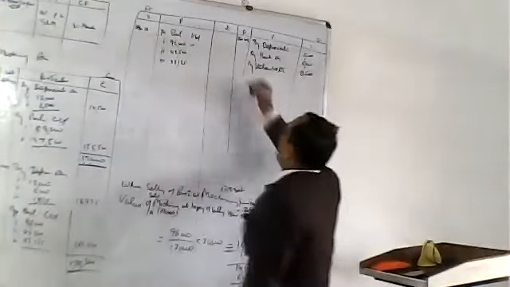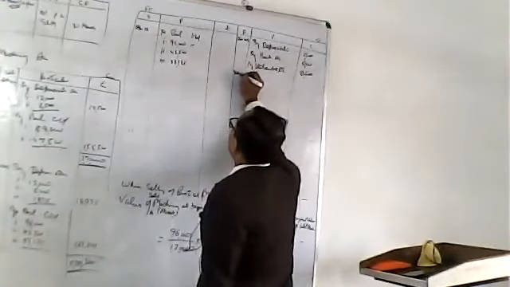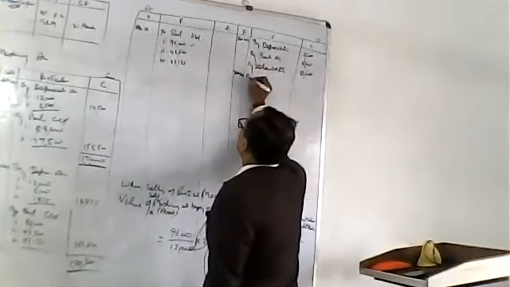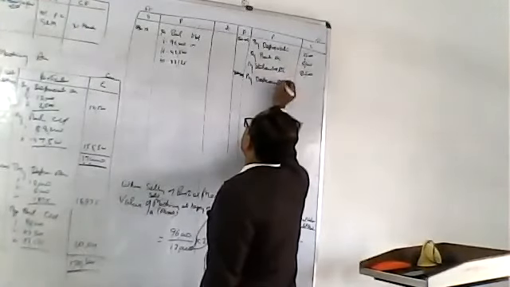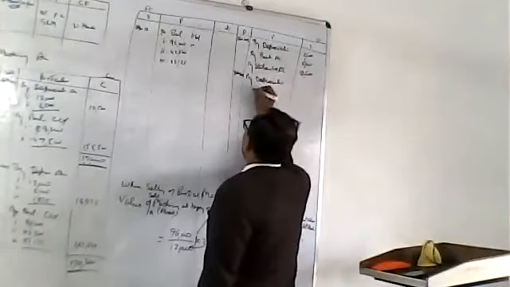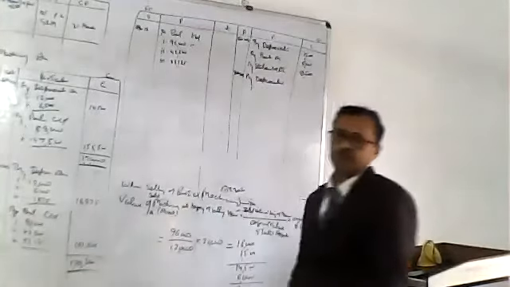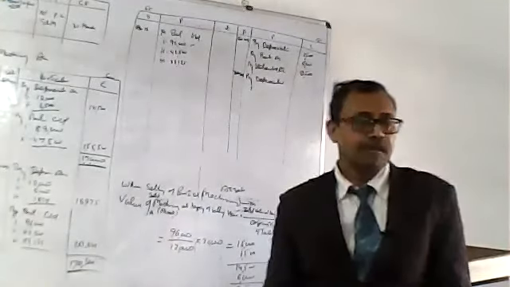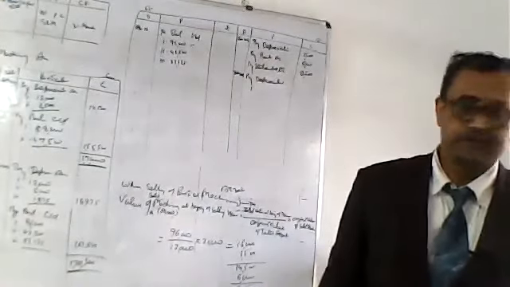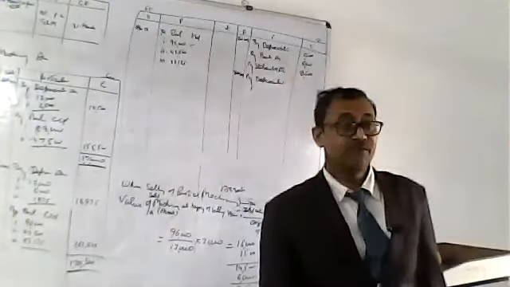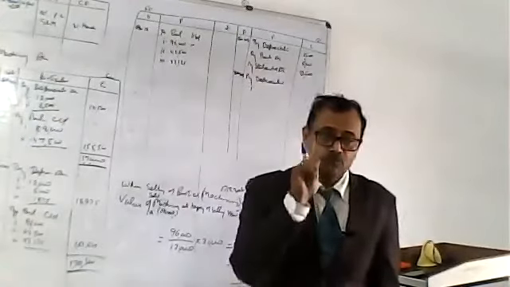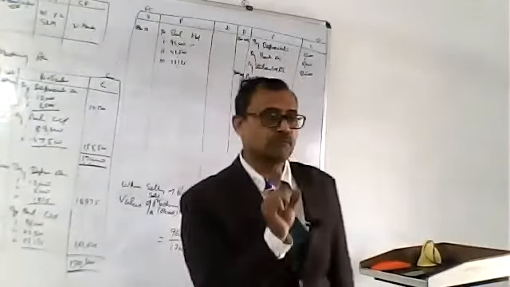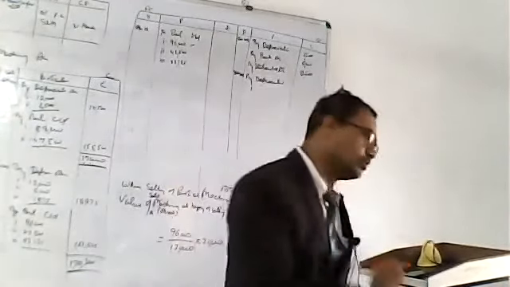Now on 31st March 2013 you again provide depreciation on first machinery. What is the balance of the first machinery? You had purchased total machinery for 1,20,000. You have sold 20,000.